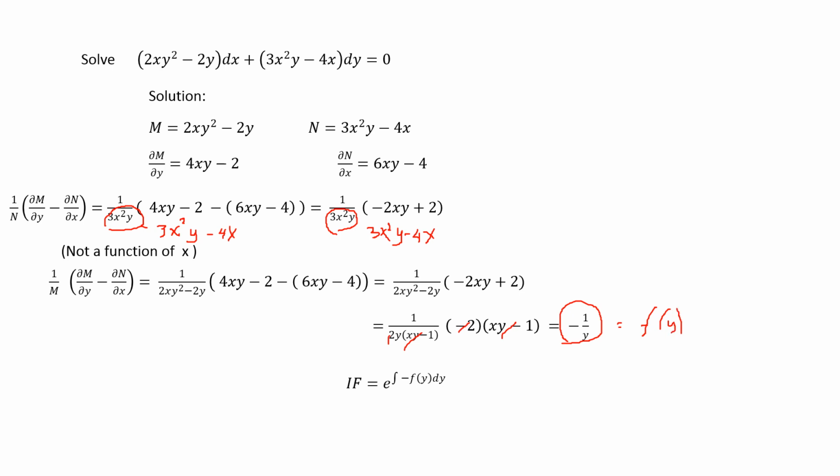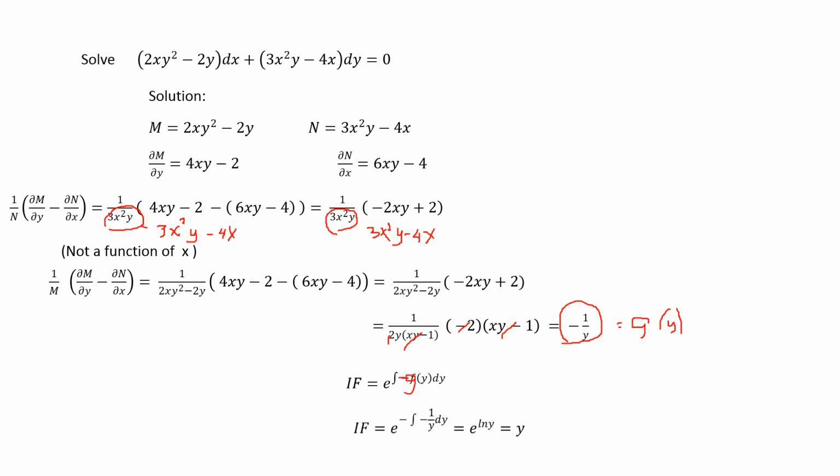So I use in the formula g of y, negative g of y.